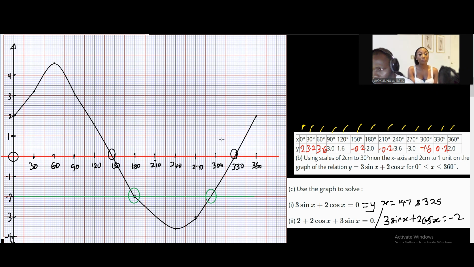Then the other one has passed 270 and it's less than 300, maybe at 290 or 292. Okay. Yes, sir. So for the other one, we can say x equals 180 and 292. Is that clear? Yes, sir.